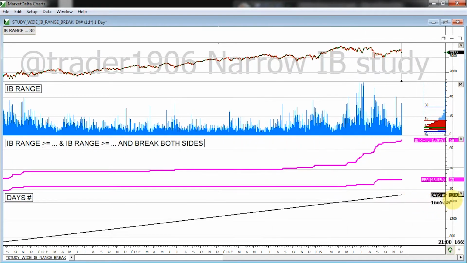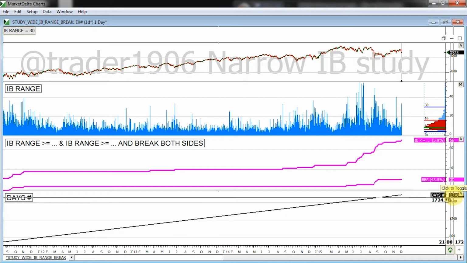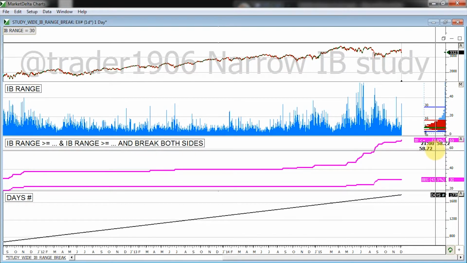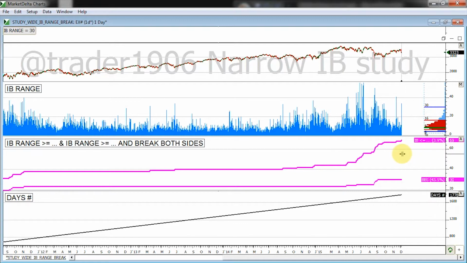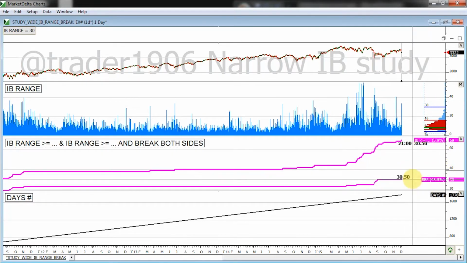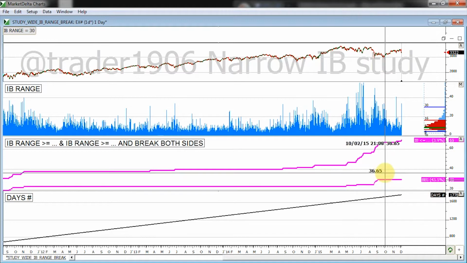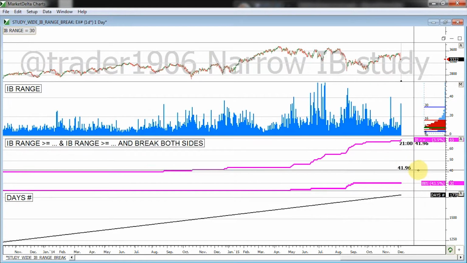So out of these 1778 days, we had 69 times when we had an IB that was greater than 30. Then we ask, how many of those broke both sides? Well, just over 43% did.